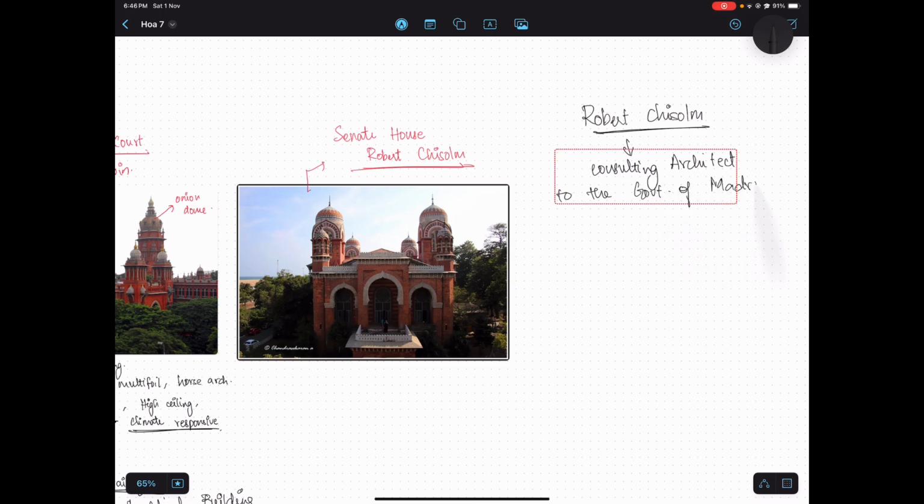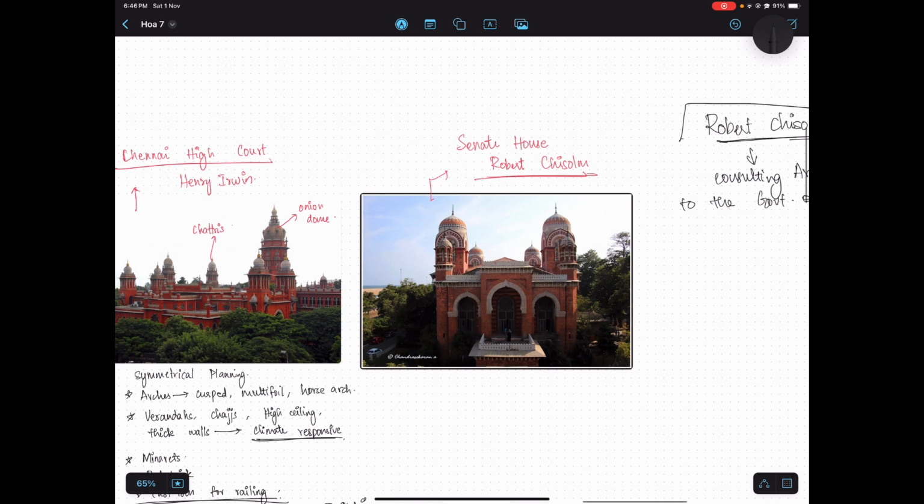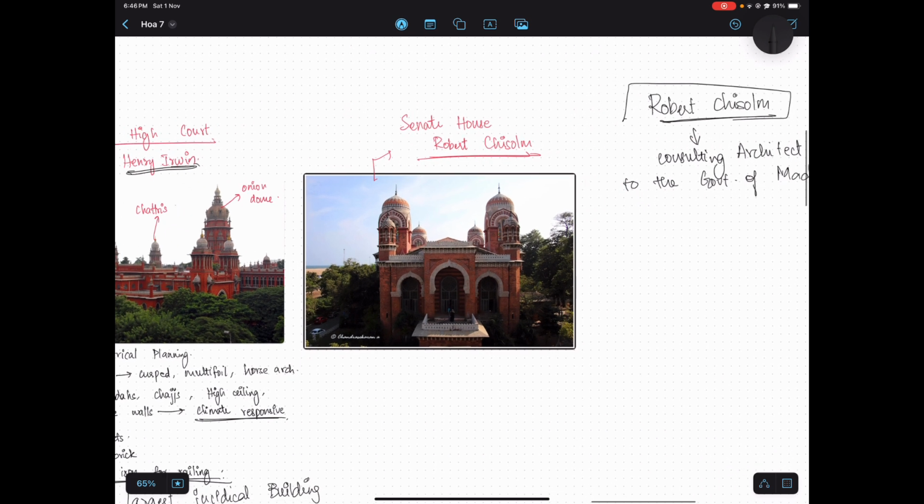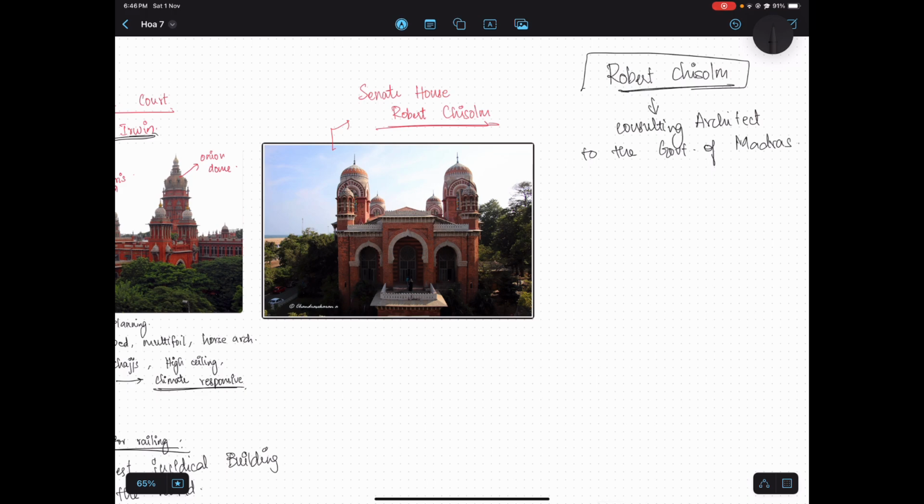And after him, Henry Irwin became the consulting architect to the government of Madras. So a lot of structures found in Chennai can be attributed to either Robert Chisholm or Henry Irwin.